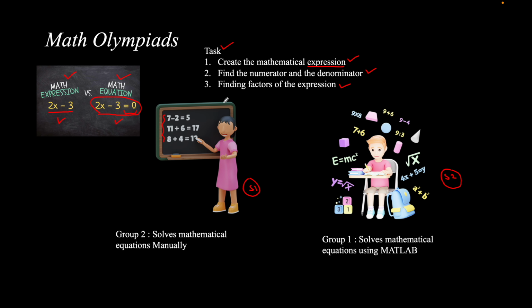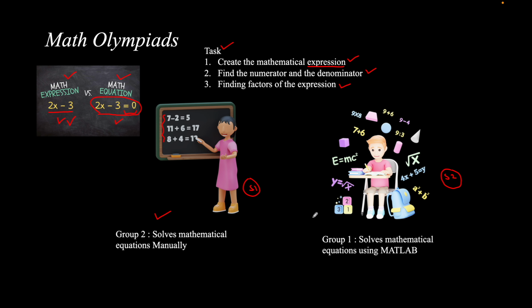Okay, so based on this, the problem tells that we need to solve an expression, and based on that we need to give the response. So this is the scenario that we are currently in, and there are two groups over here. One group solves manually, understanding the problem and then solving the expression.